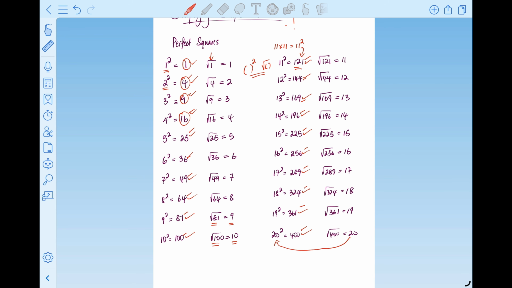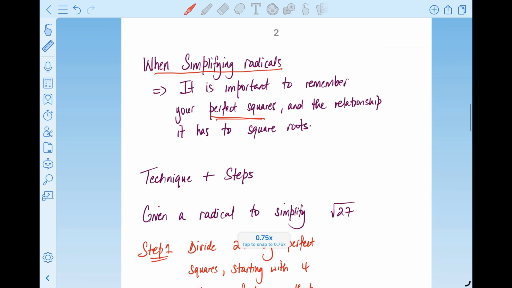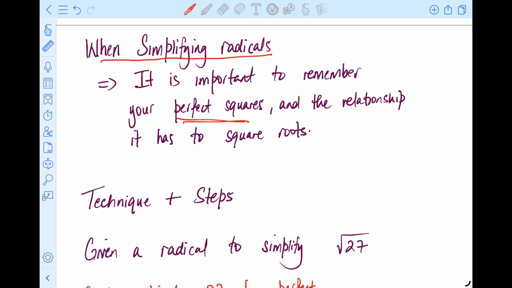These are your first 20 perfect squares. It's important to remember them, okay? So when simplifying radicals, it is important to remember your perfect squares and the relationship they have to square roots. So critical. All right, I'm building here.